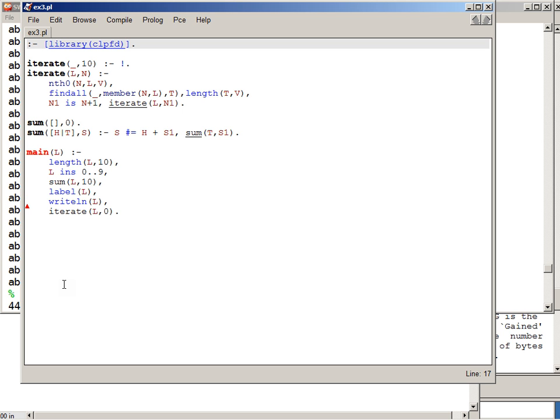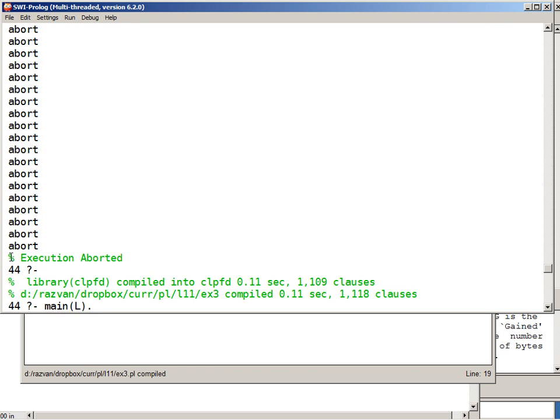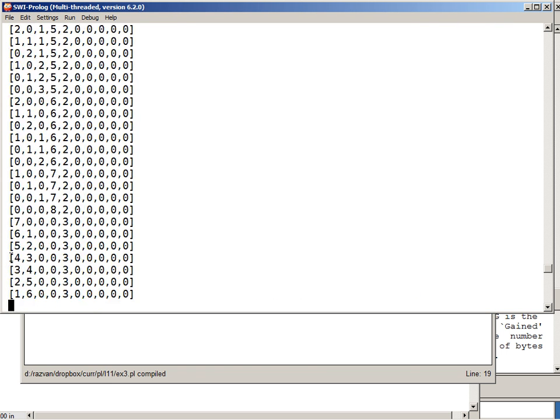I think after the label. Okay, much faster. Reversing the list helps a lot.